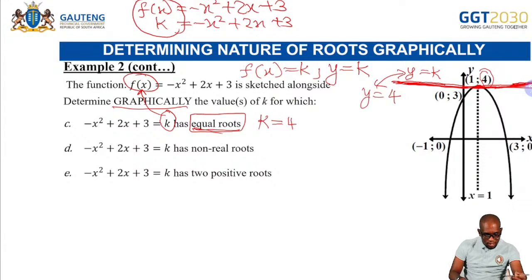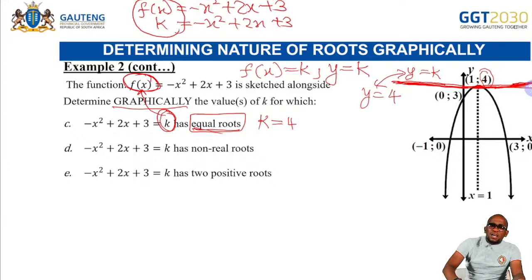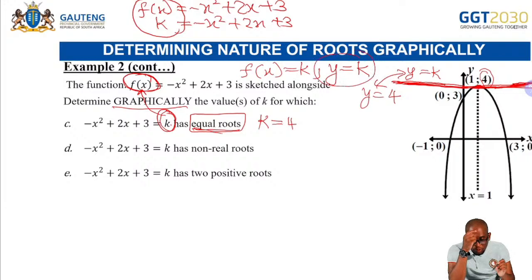I'll repeat what I said. What the examiner has done was, in the place of f of x, the examiner put k, and then is now demanding the values of k from you. So what you're going to do is you check, okay, my k is in the place of the y value, which means that I'm moving a line y equals k such that I will have equal roots.